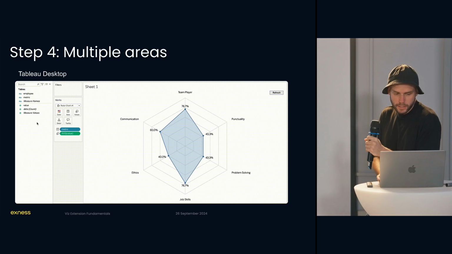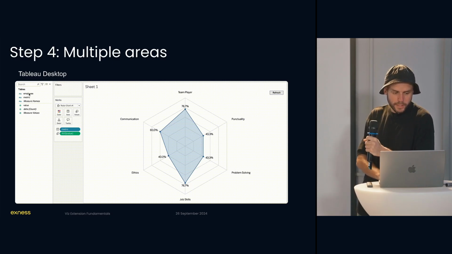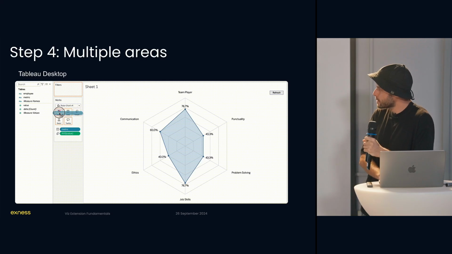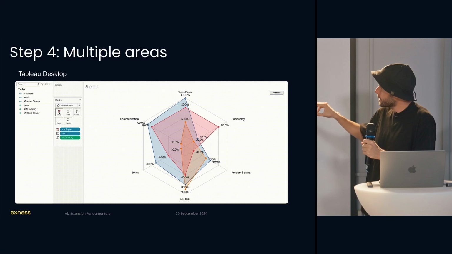So how does it look after modifications? Let's drag and drop employee to the color mark. And now we see 3 separate areas split by color, and each area has the circles on the vertices and the label.